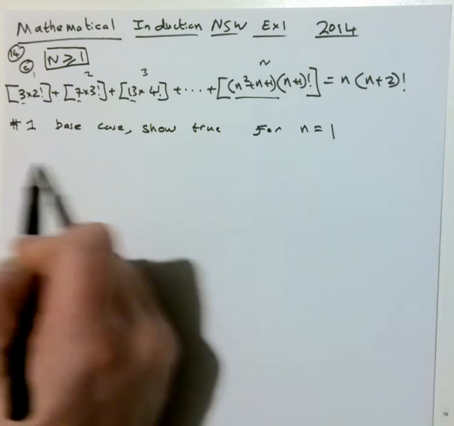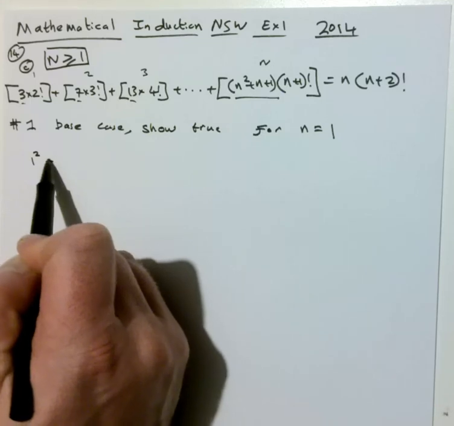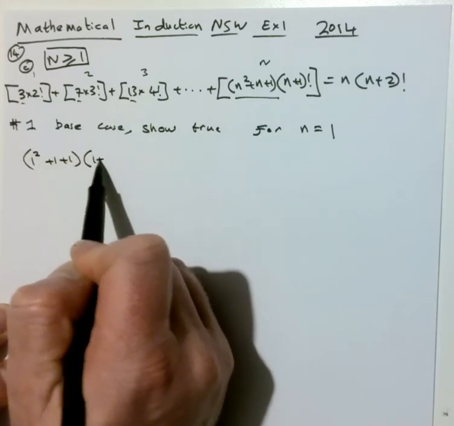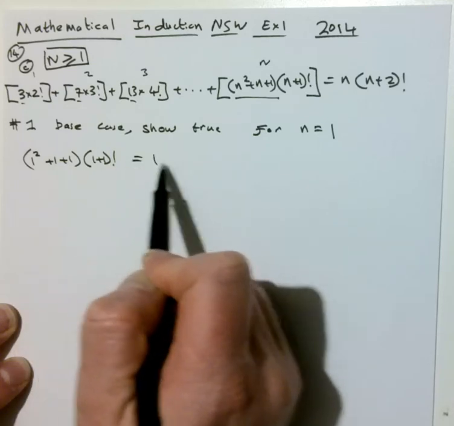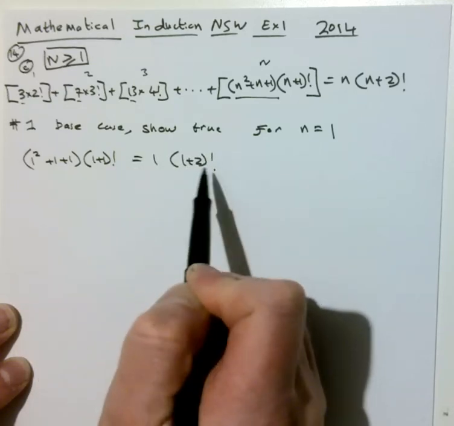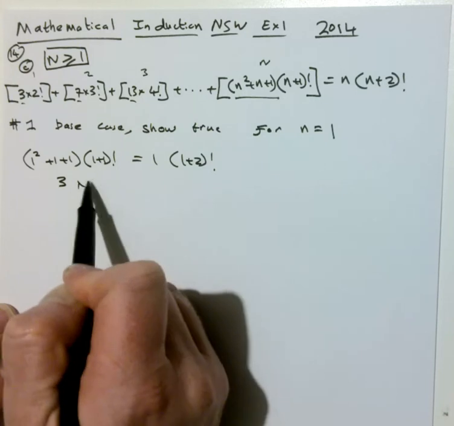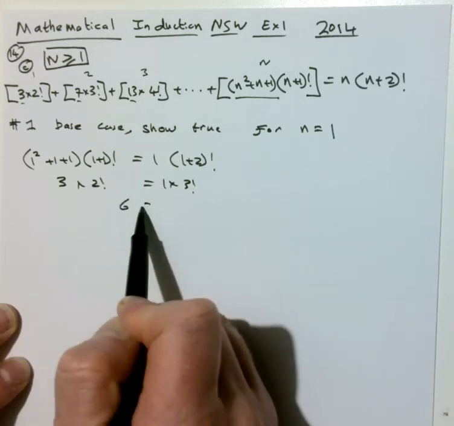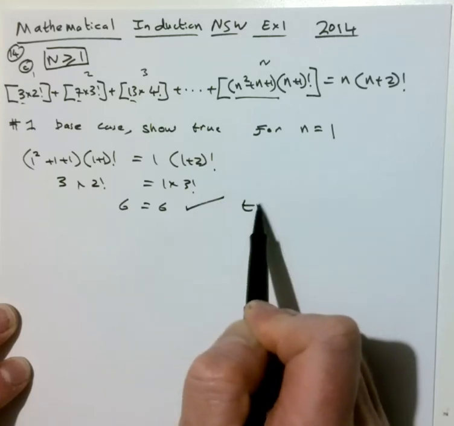Okay, so let's do that then. We've got 1 squared plus 1 plus 1, 1 plus 1 factorial is equal to 1 plus 2 factorial. So here we get 3 times 2 factorial, 1 times 3 factorial, and as you can see, this is equal to 6, so it's true.